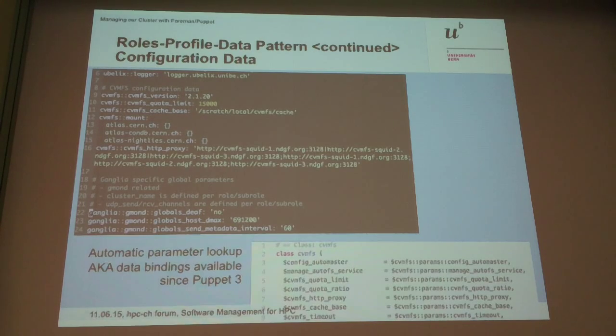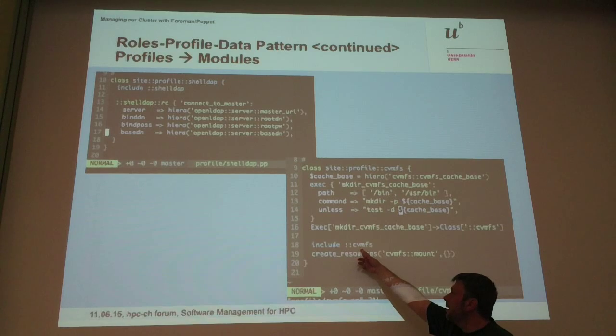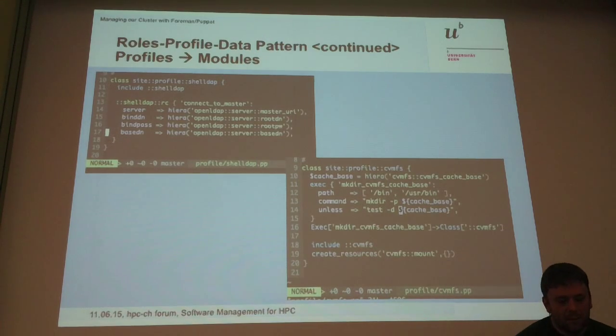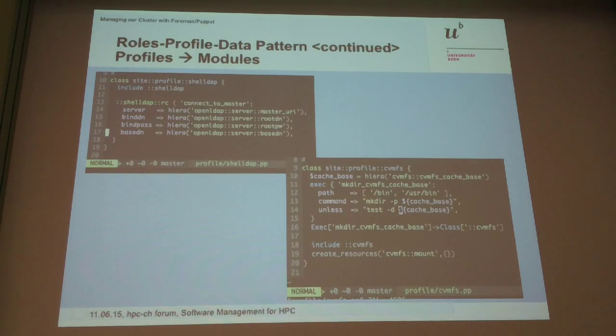We have seen here, we simply include this class CVMFS and are not giving any parameters. That's a feature, it's not new anymore. It's called automatic parameter lookup, data binding, and this is available since Puppet 3, and it's a good thing. So we are very slim here.